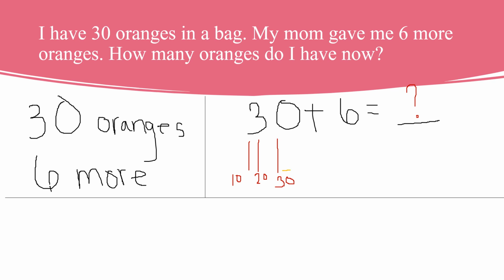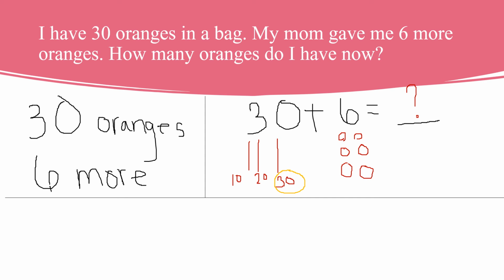This is my total. So I will know that this is 30. Now, we have 6. 6 is in our ones. So let me draw 6 circles to represent the 6. 1, 2, 3, 4, 5, 6.